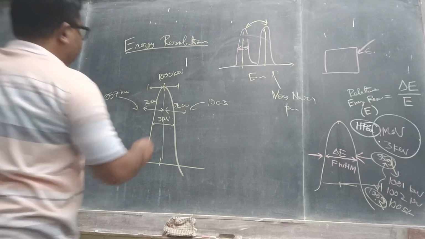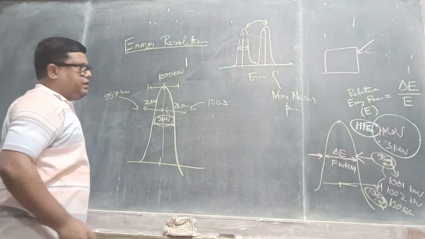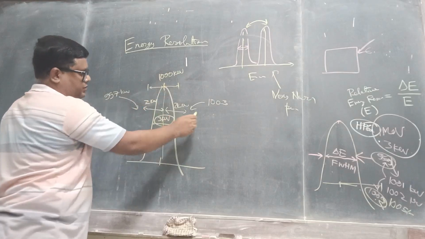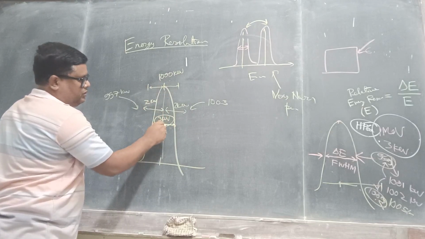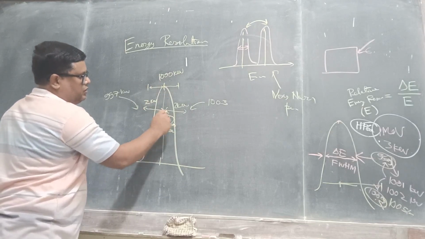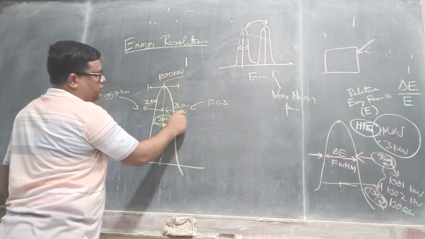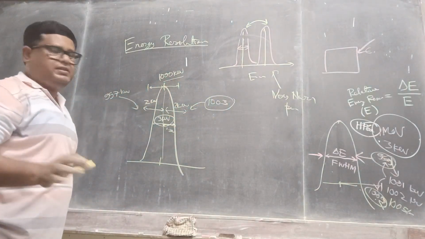So look closely, this is 1000 keV, the energy resolution is 3 keV, right? So basically the region is 1000 plus or minus 3. Now if you consider half of it, this is 1.5 keV, so let us take 2 keV. So 1000 keV plus 2 keV, 1003 is barely resolvable, you can say.